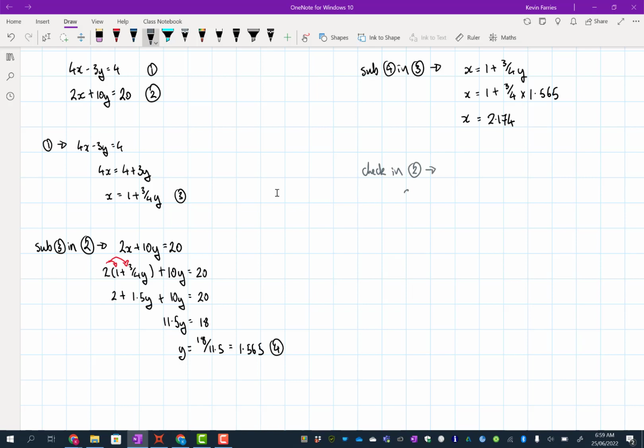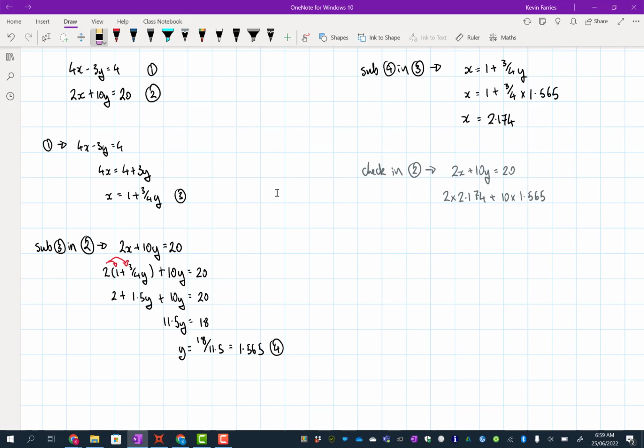Well, let's just write it out first. 2x plus 10y equals 20. Therefore, 2 times 2.174 plus 10 times y, which was 1.565. Remember what I was saying?